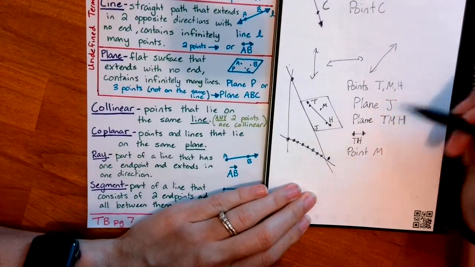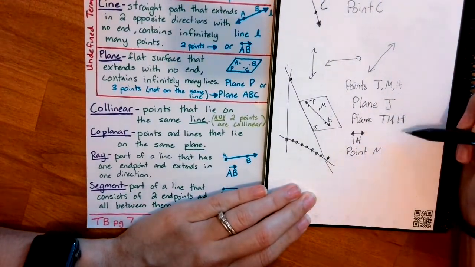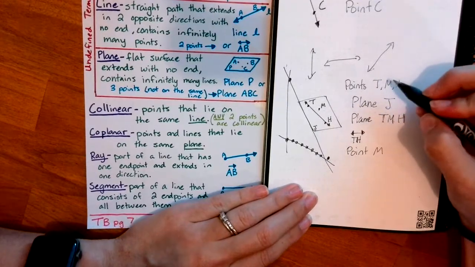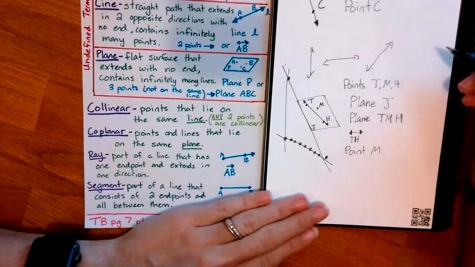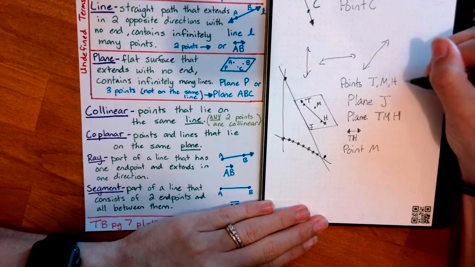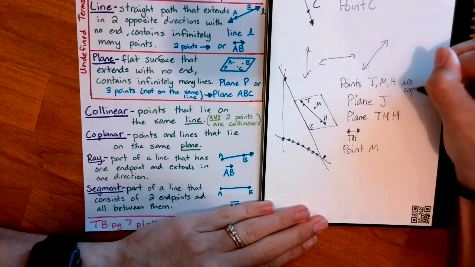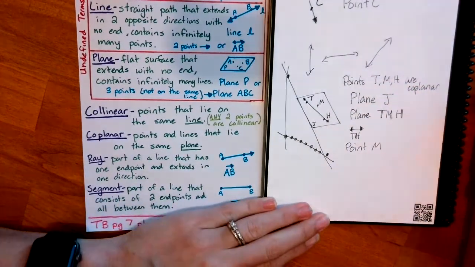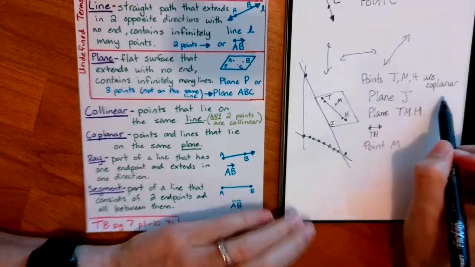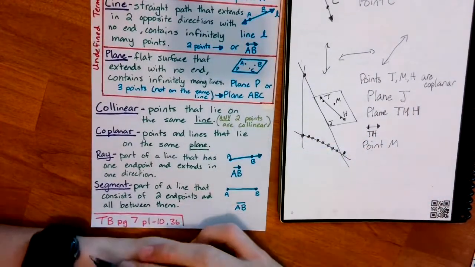I'm talking about 3 different points. Notice how that's different than the plane TMH. I'm talking about the points T, M, and H. I can say that those points are coplanar. So hopefully that makes sense. Points that lie on the same plane.